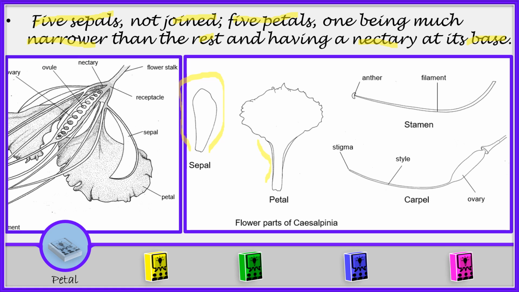And then we have the petals, also 5 petals, of which one is narrower than the rest. And at the base of the petal, there is the nectary. They have the nectary at the base of the petals.